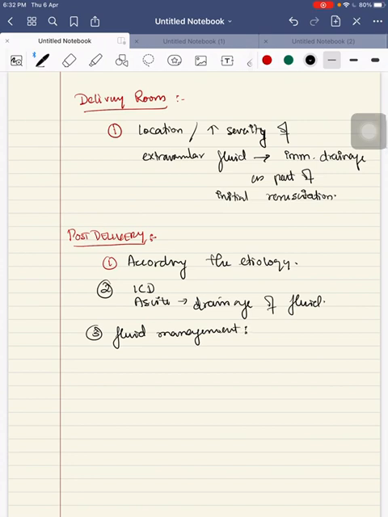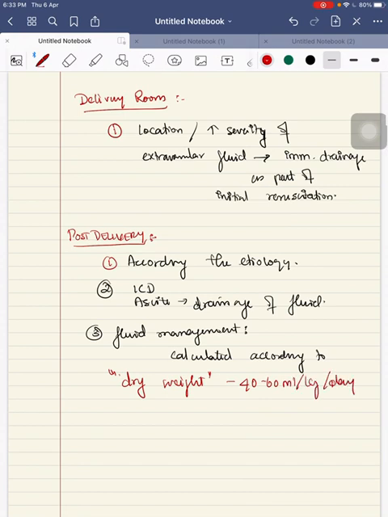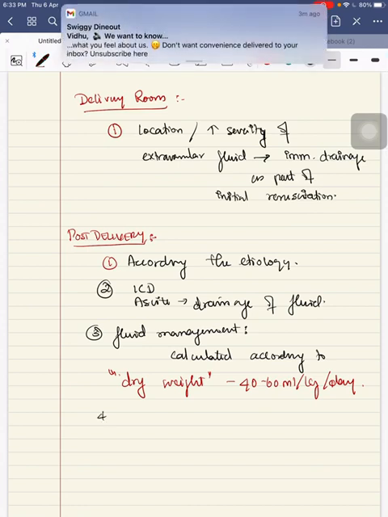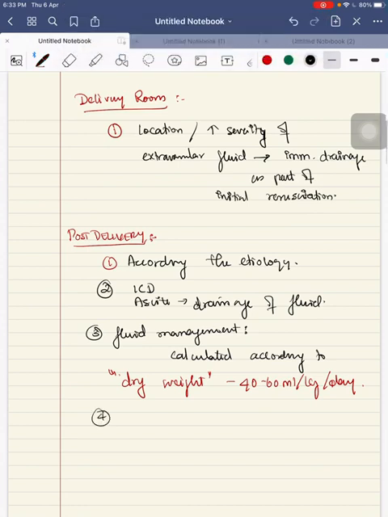The fluid is calculated according to dry weight. Let us start with 40 to 60 ml per kg per day. Then you have to monitor the electrolytes, urine, and the fluid drainage, how much you are draining in ICD and in ascites. Okay.